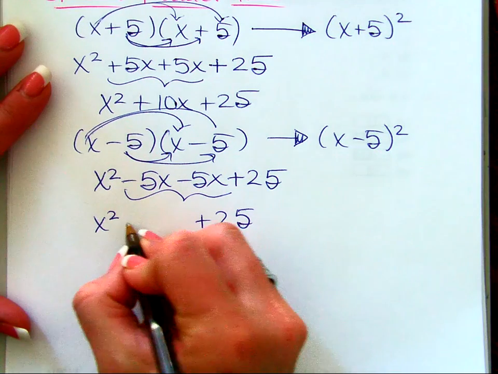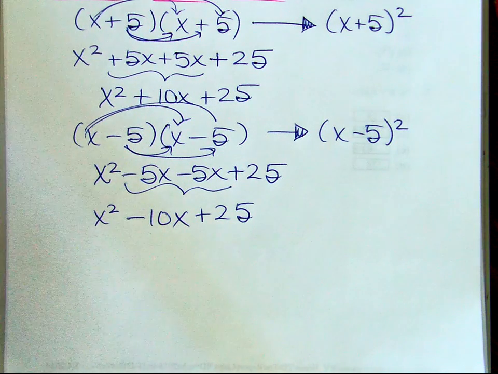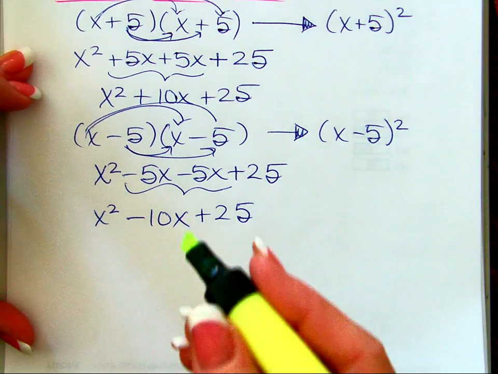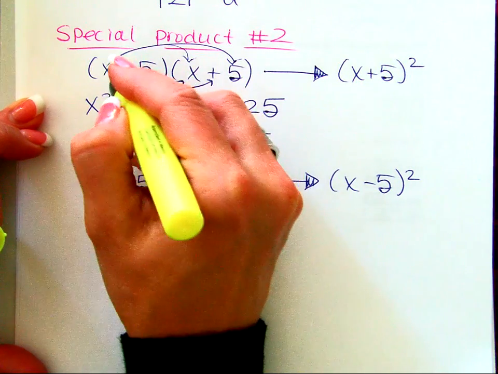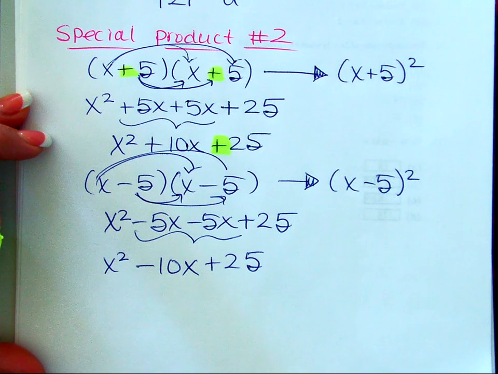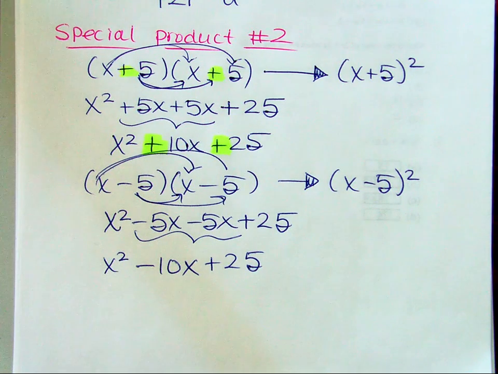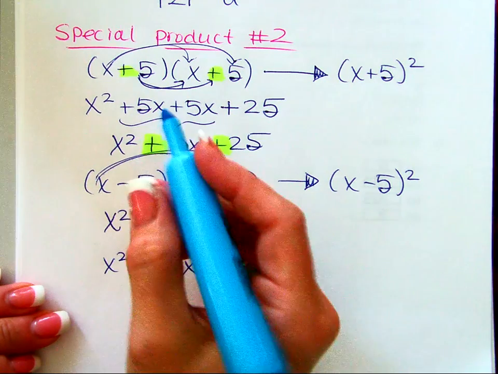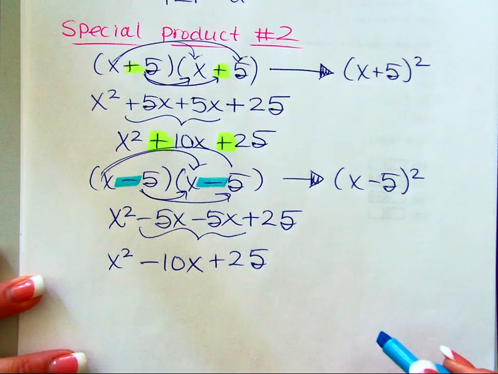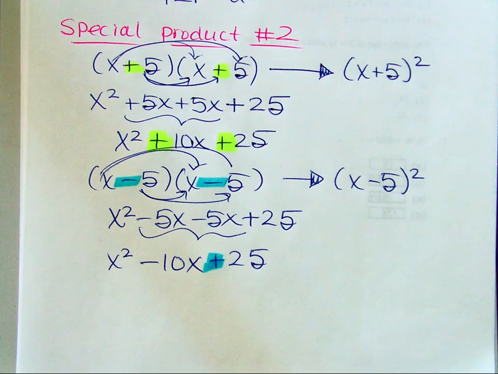Except this time, when I have two negative 5s, I have, like Sophia said, negative 10x. So here's what I want you looking at. When these were both positives, the end term answer was a positive, right? And so was the middle. Down here, when they were both negative, the end term was still positive, even though those were both negatives.